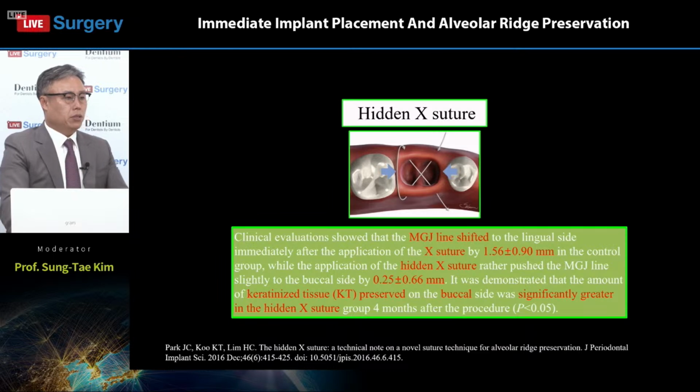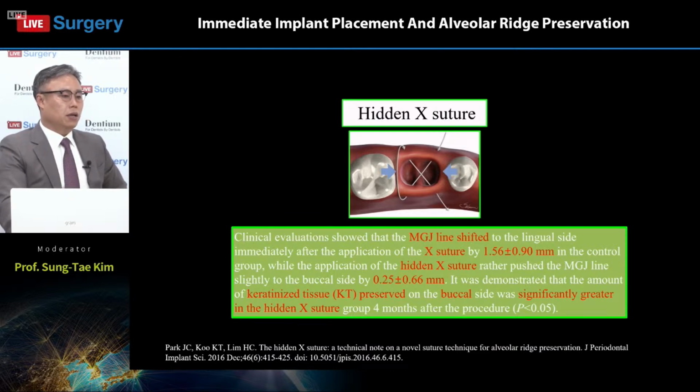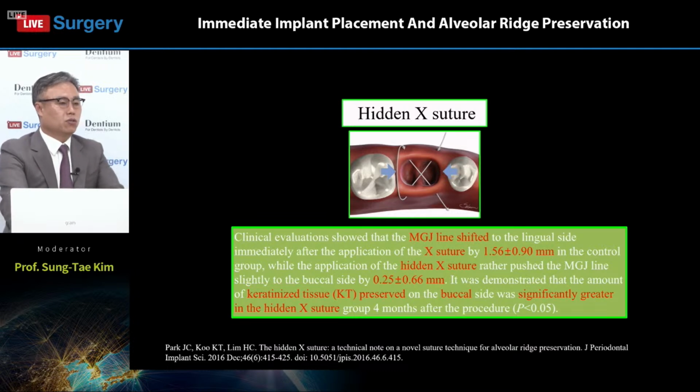So they measured the mucogingival junction line and compared it with the hidden X suture. They found there is some advantage in keratinized tissue preservation and in maintaining the dimension in the buccal direction. So in this paper, the hidden X suture has this kind of advantage, but this is the only paper that explains the hidden X suture.